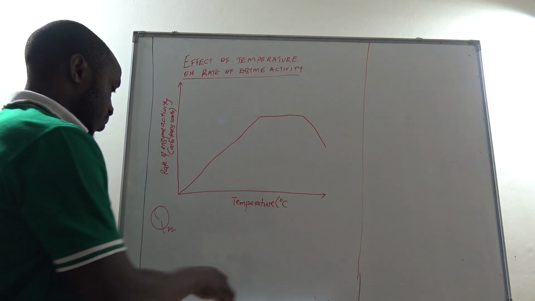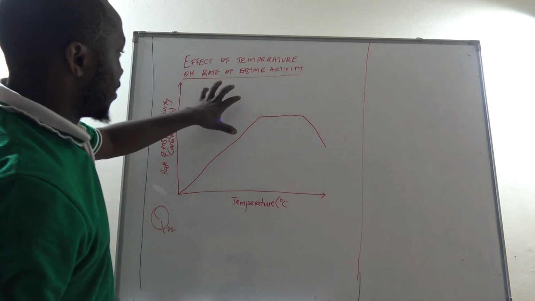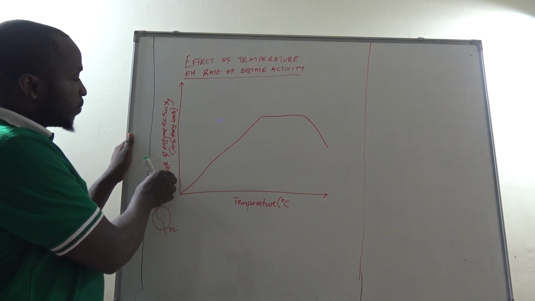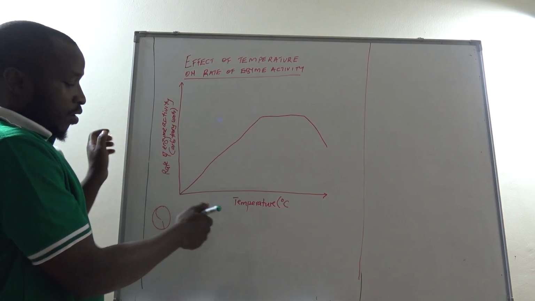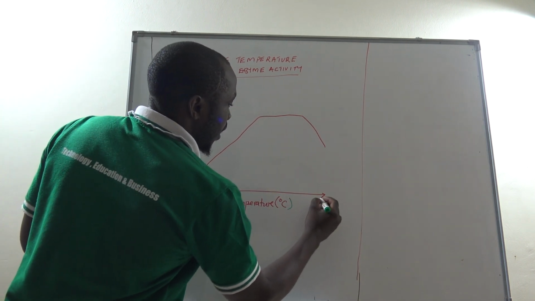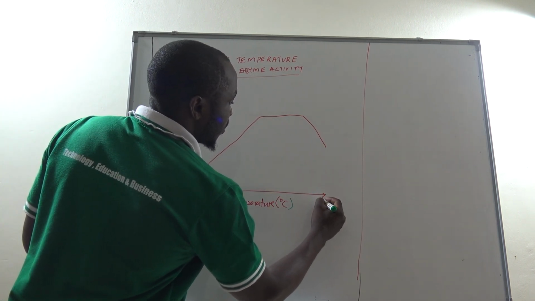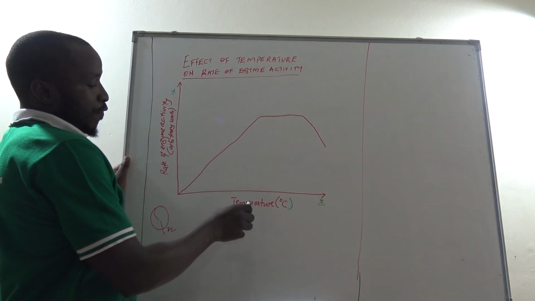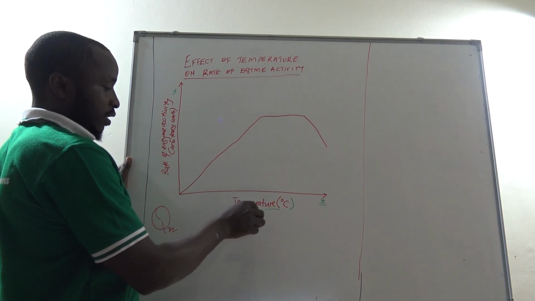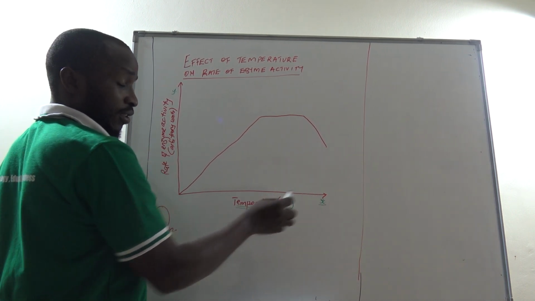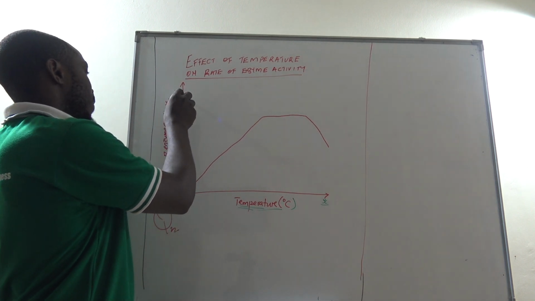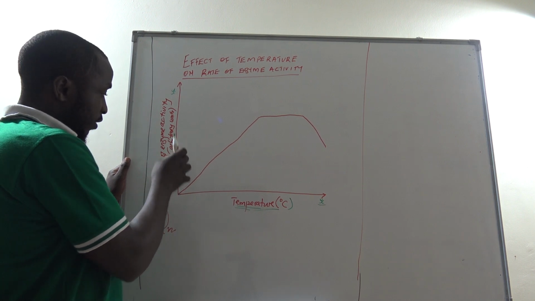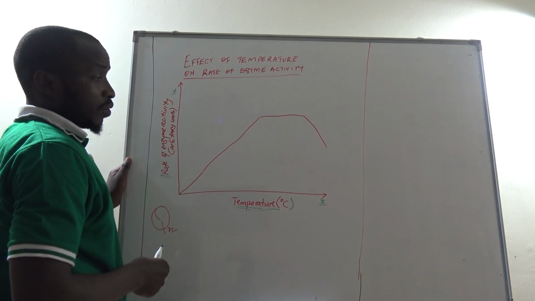the effect of temperature on the rate of enzyme activity. If we can take a question and we ask ourselves from this data, we have plotted the rate of enzyme activity against temperature. Biologically, a factor that affects a physiological process is always represented on the x-axis, and an outcome of a physiological process is always on the y-axis.